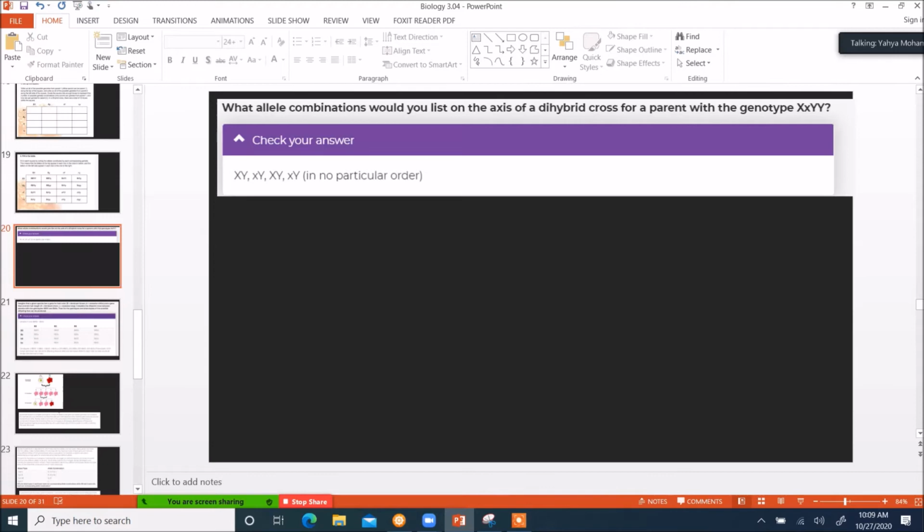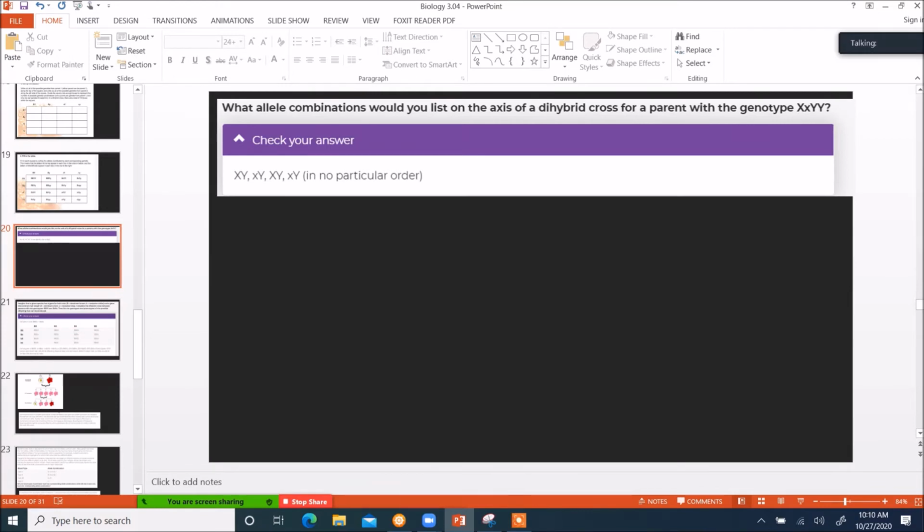And then from the Y's, it can only pick one. So let me ask you, first of all, from the Y's, what are going to be the different things that it could pick in terms of capital and lowercase? No, but there's only capital here, right? See that? So this parent has capital Y, so it can only pick capital Y. Okay, so only capital Y is possible.